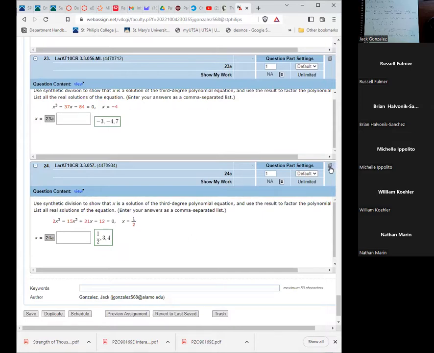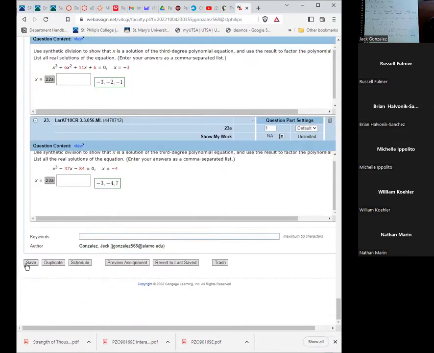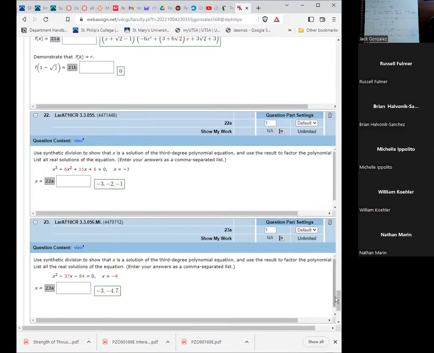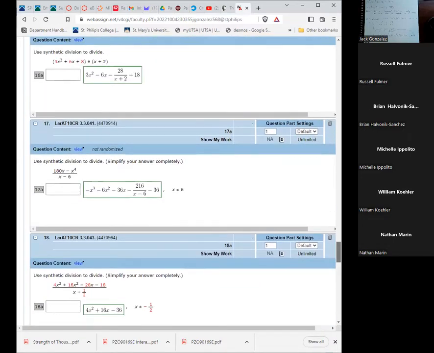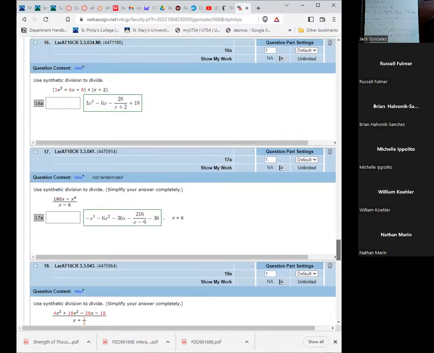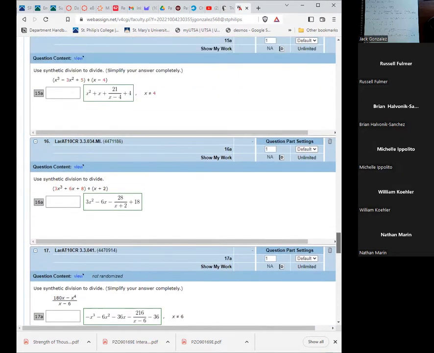Let me delete that guy. That guy looks stupid. Let's do one more synthetic before we do that one. Let's do, I don't know, 16, I guess.